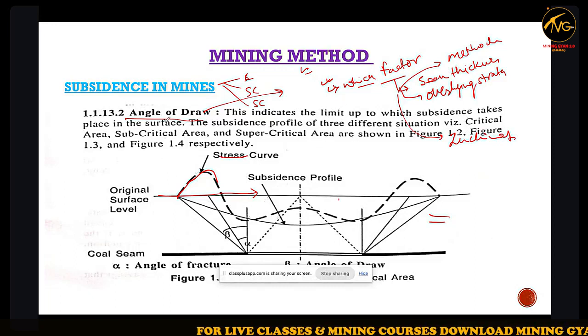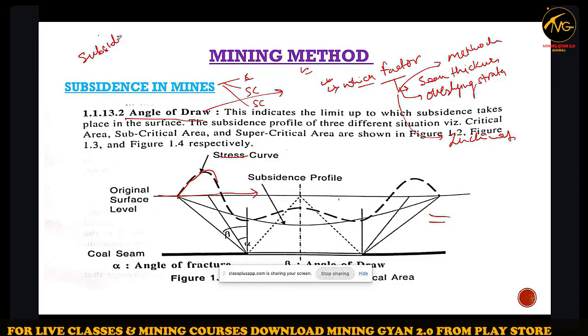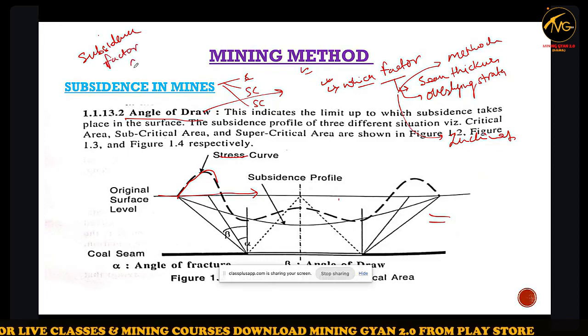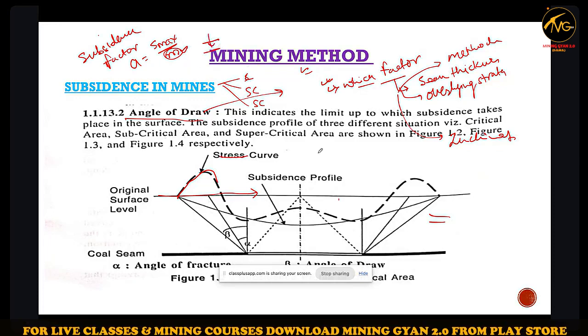Then the subsidence factor, which is also not mentioned in your AK Gorai. So the subsidence factor a equals S max, the maximum subsidence, divided by M. M is the working place, the seam thickness.